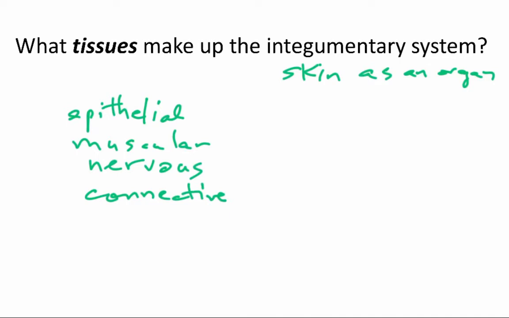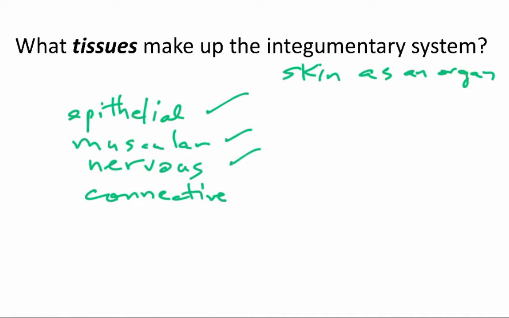If you think about that block of skin, well, the epidermis is epithelial tissue, stratified squamous epithelium. You've got the erector pili muscles associated with the hair follicles. You have nervous tissue in the form of nerve endings, sensory nerve endings.